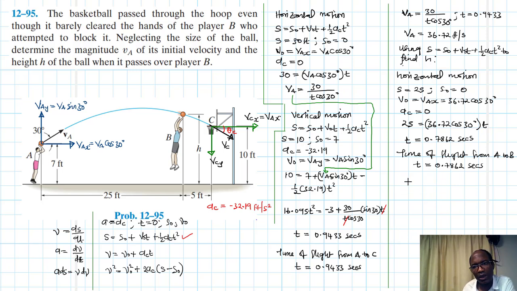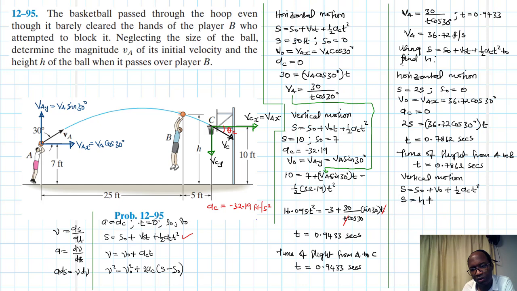So with this in mind, we can now use the vertical motion. For the vertical motion, we are using the same equation. So we have S equal to S naught plus V naught T plus half AC T squared. We have everything.